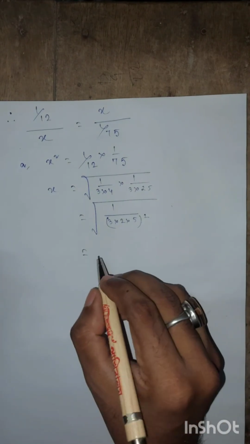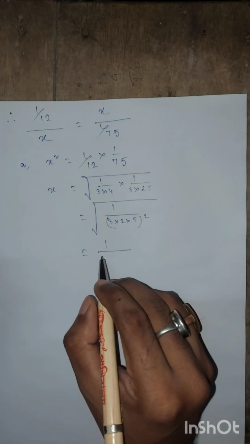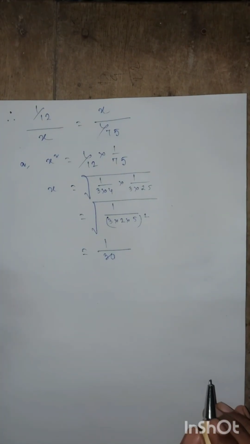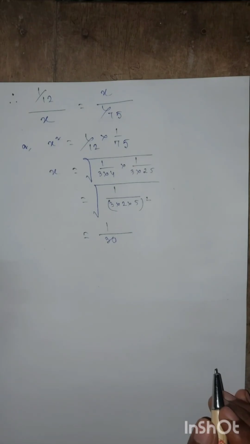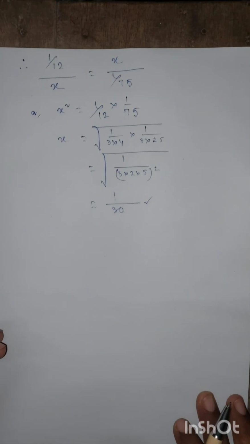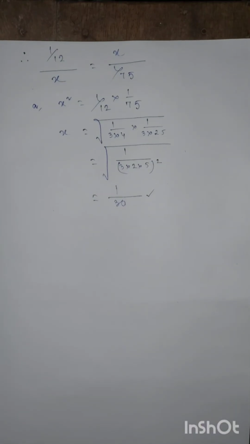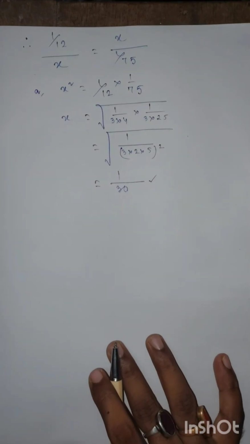Now if we take it outside the root, we are getting 1 by 30. So this is our required mean proportional. I hope you are able to understand it. Now let us do another application.